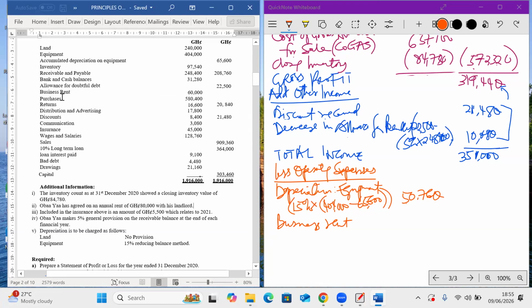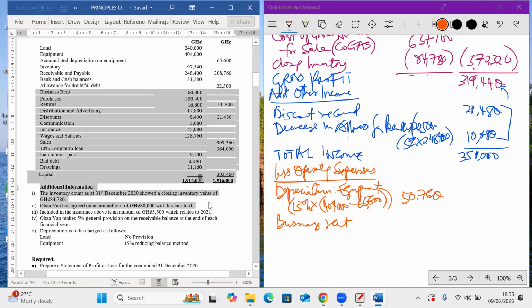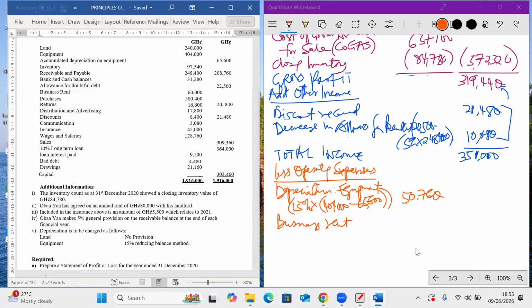Out of the 80,000, how much has our buyer paid? 60,000. So if you have agreed 80,000 with your landlord and you have paid 60,000, how much is left which you haven't paid? 20,000.